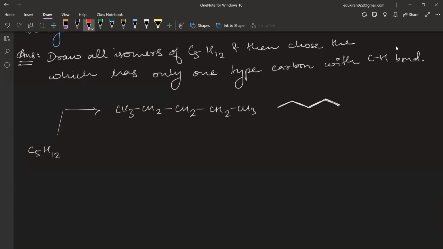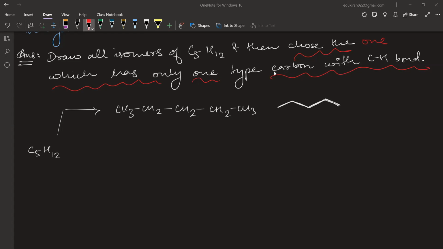Now read this and then choose the one which has only one type of carbon with CH bond. तो जिन लोगों ने आंसर दिया है, that is Atif, Hamza, Kulsum, Mansi, Zaid. Can you identify that? Yes, Hiba, correct now. Aisha, आपका भी आंसर नहीं आया है.